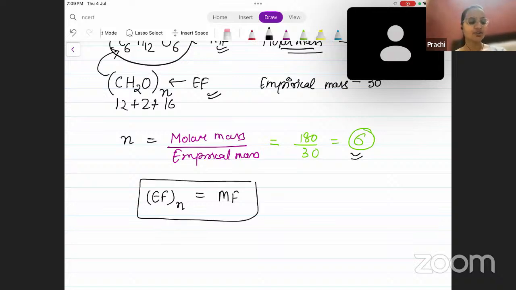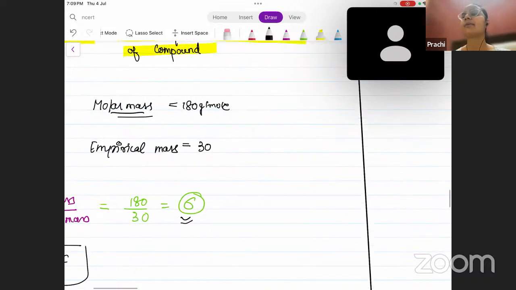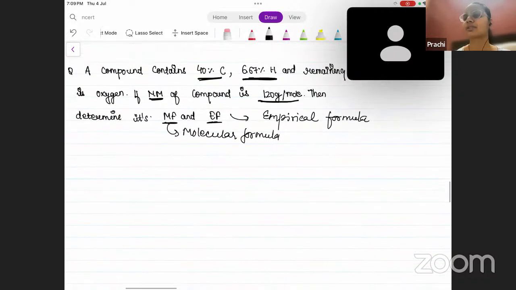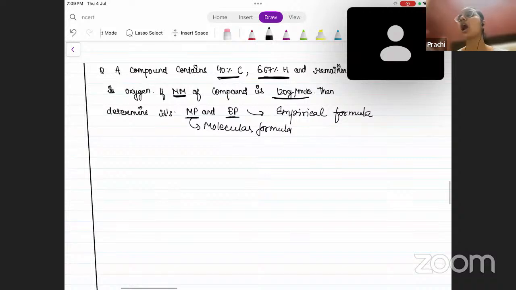Now the other question that you should have is, ma'am, how can I find out the empirical formula from the percentage? Yes, we can find the empirical formula from the percentage by following a certain process. I'll show you how to handle these numericals, and then you can do it for all numericals of the same kind.